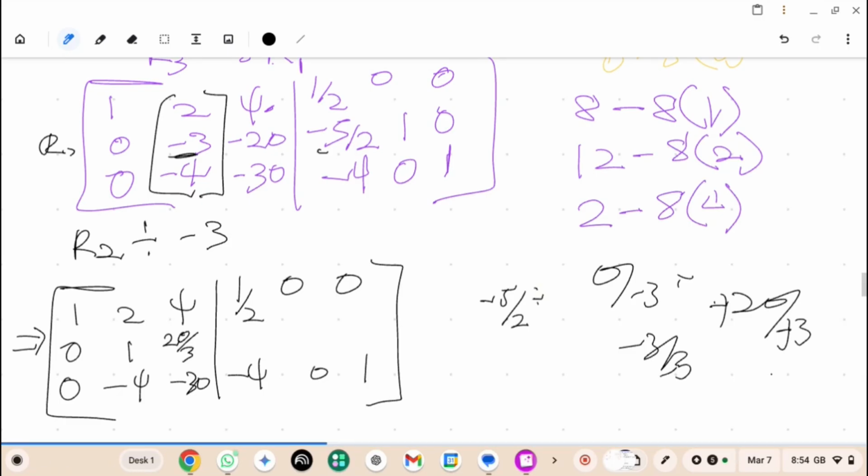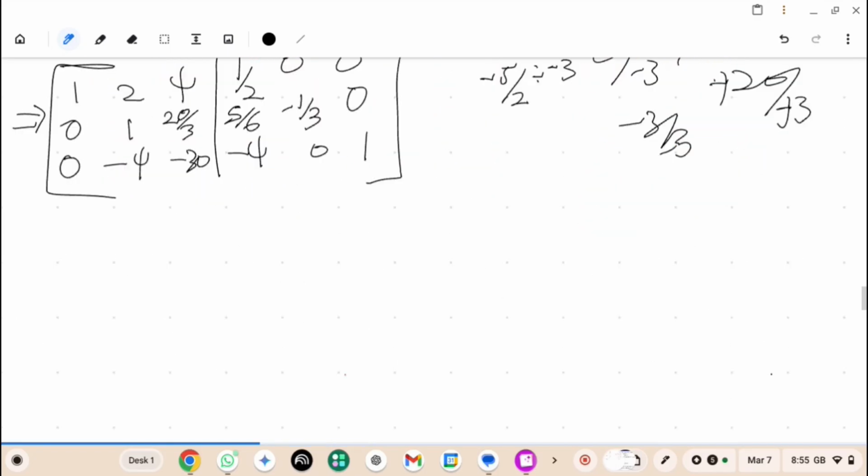So just punch it on your calculator. Divided by negative 3, you have 5 on 6. So we write our 5 on 6 here. This 1 divided by negative 3, you get negative 1/3. This 0 by negative 3, you get 0 here.